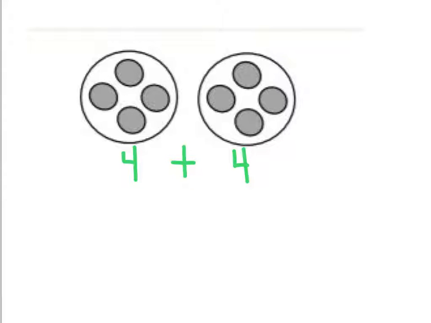Or I could say 2 times 4, because there are 2 groups, 1, 2 groups with 4 in each group.